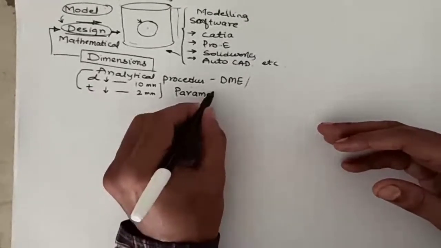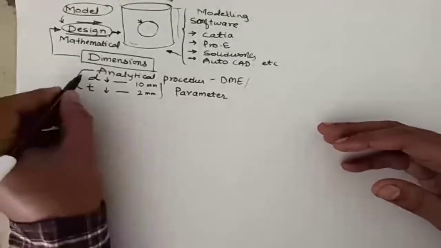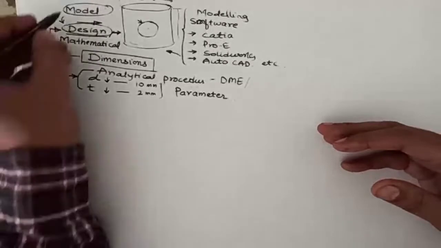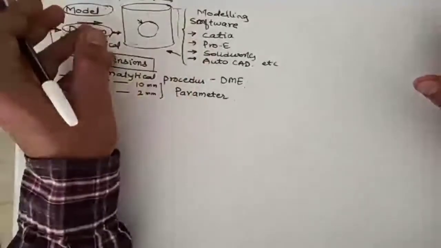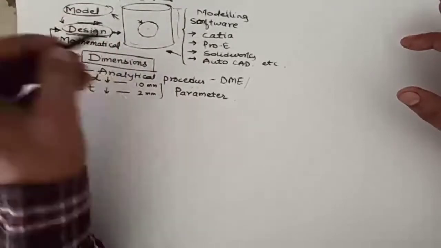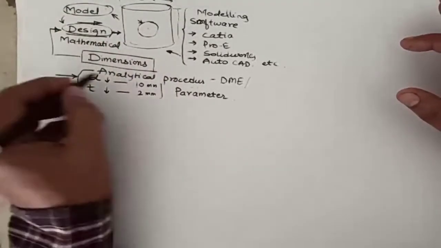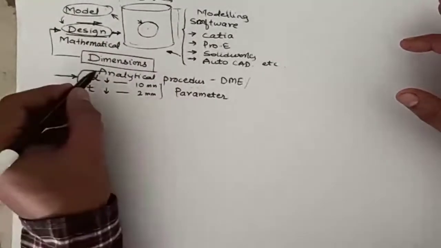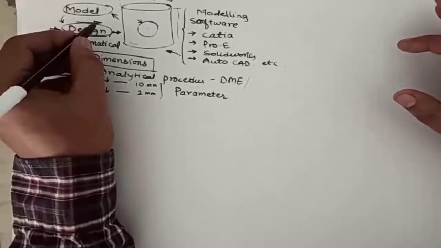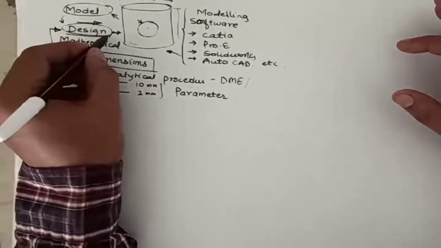This is what we call the design analytical procedure. A model can be drawn randomly without any calculation, and that we call a model. But with calculation, with all the parameters and following the analytical procedure, whatever model you create will be called a design.